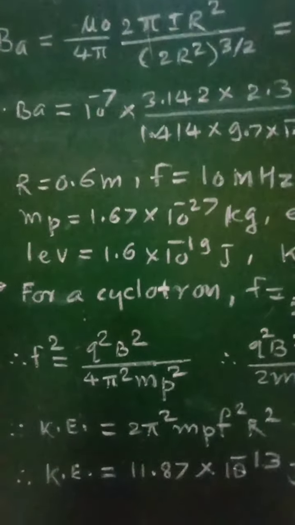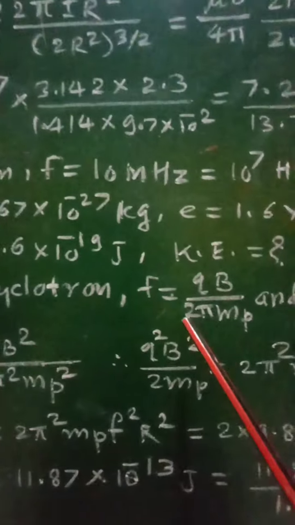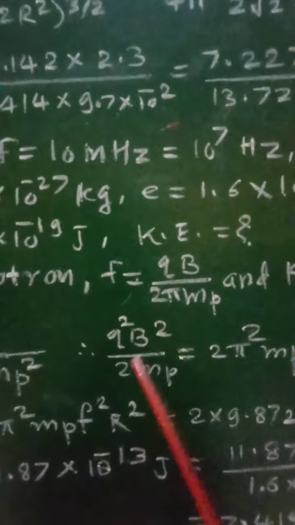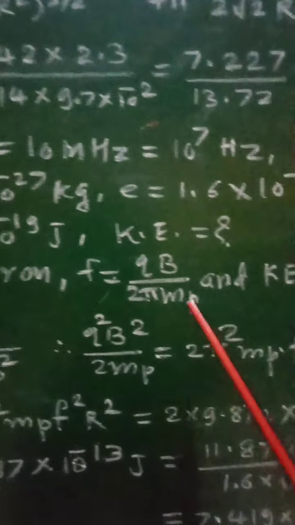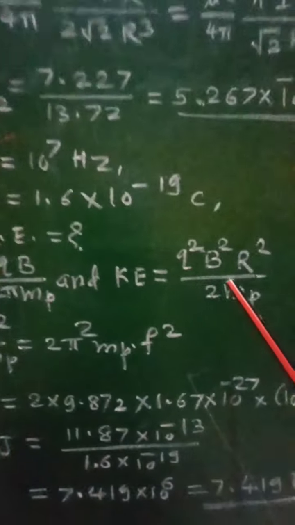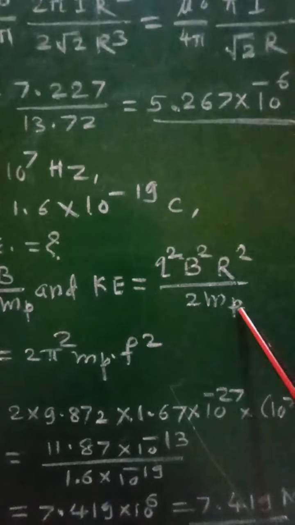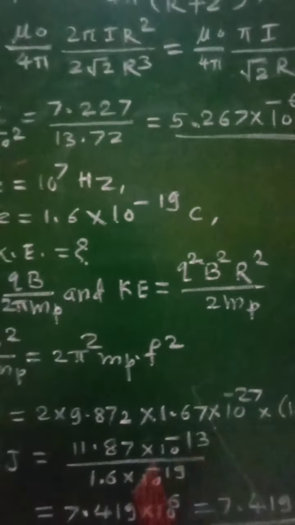Now, for a cyclotron, frequency f is equal to qB upon 2 pi mp, and its kinetic energy will be given as q square B square r square upon 2 mp.